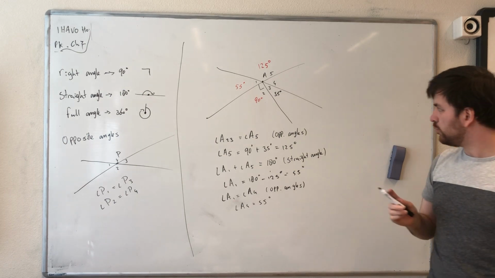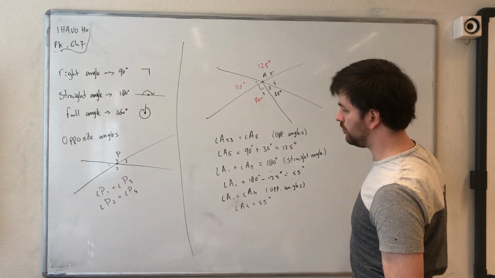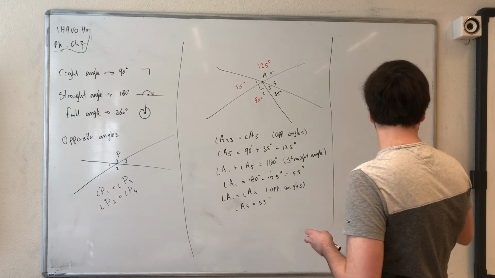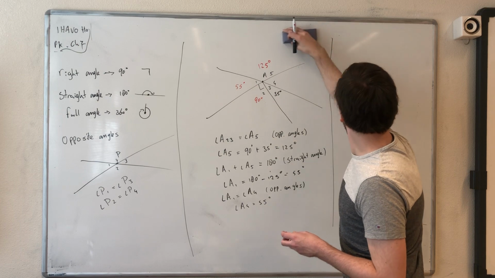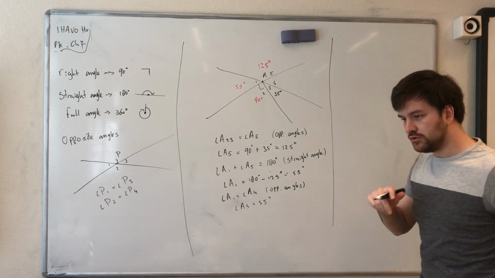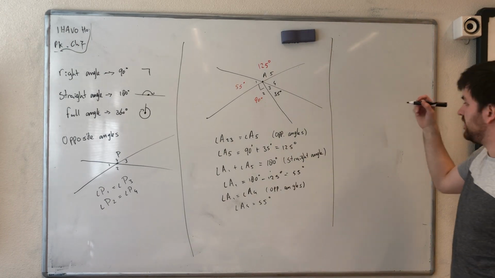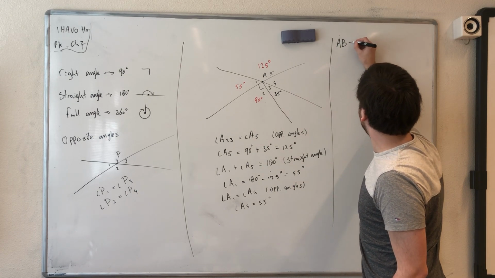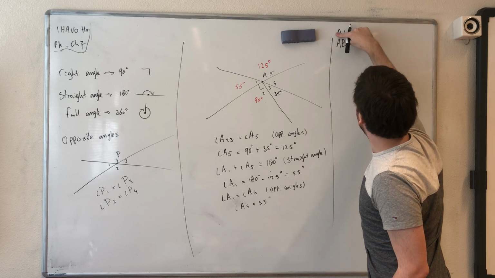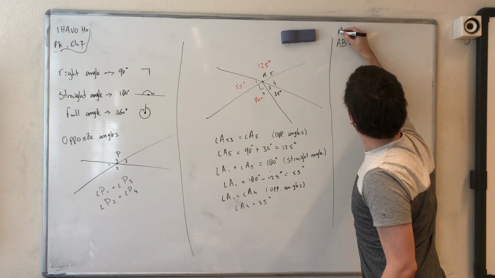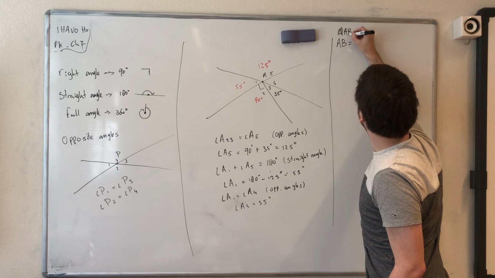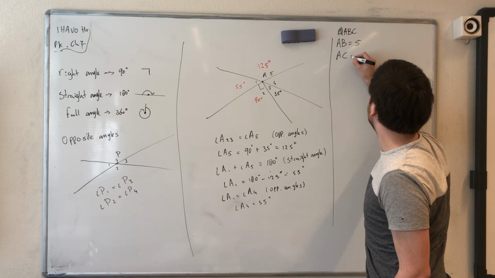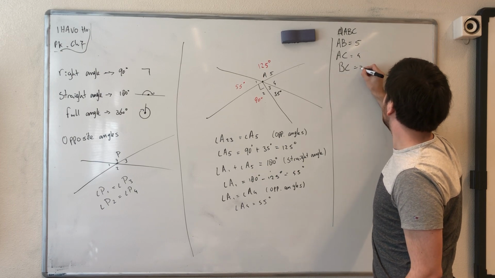Then there is one more thing which is also pretty difficult, and you'll see it a lot in this chapter. If you want to draw triangles, for example, we want to draw a triangle ABC, with AB is 5, AC is 4, BC is 3.